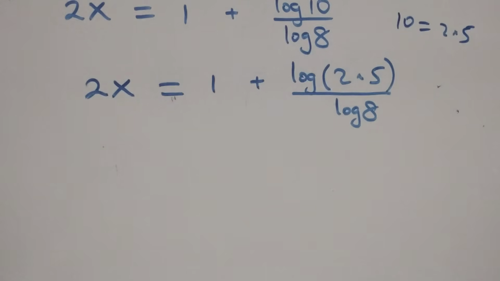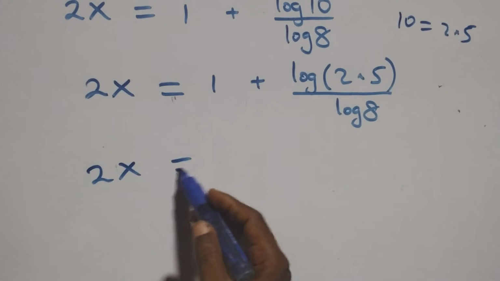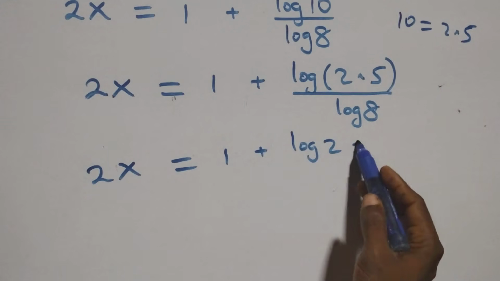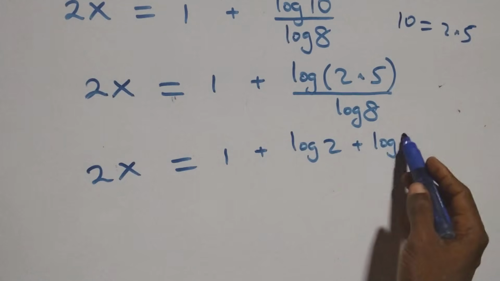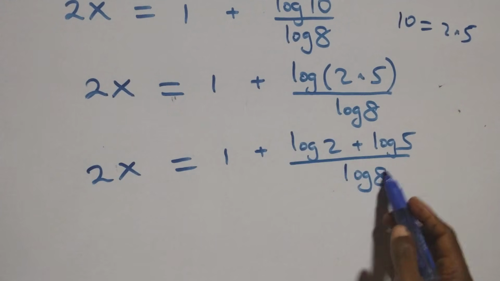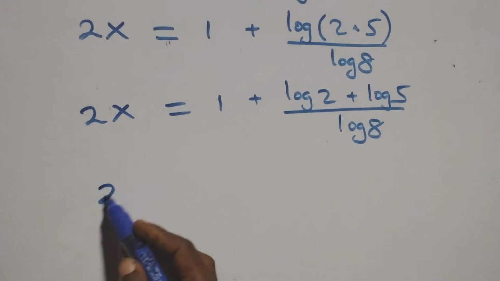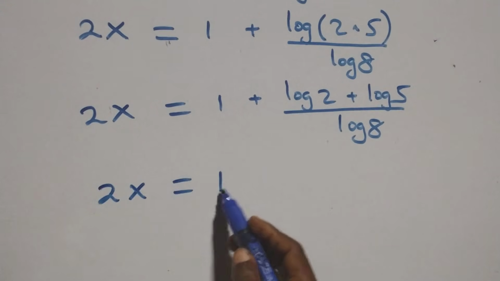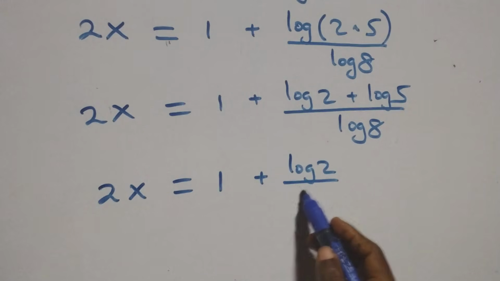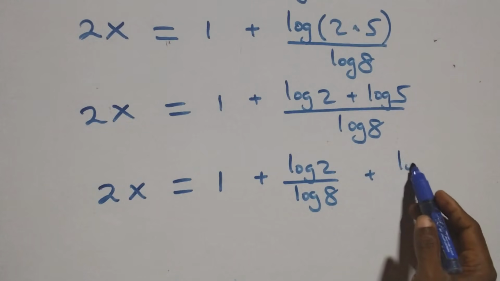This also follows the law of logarithm, and we have 2x equals 1 plus log 2 plus log 5 over log 8. We separate this into two fractions, and we have 2x equals 1 plus log 2 over log 8 plus log 5 over log 8.